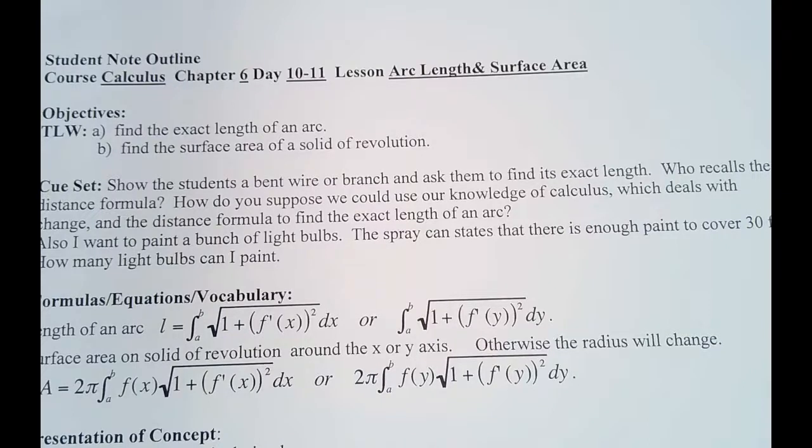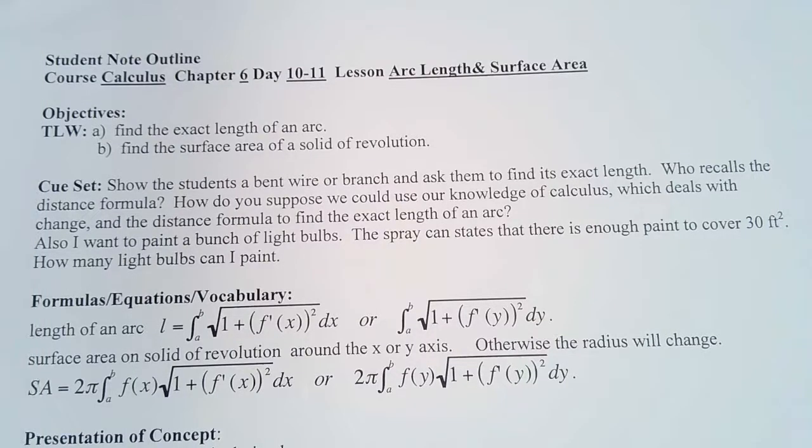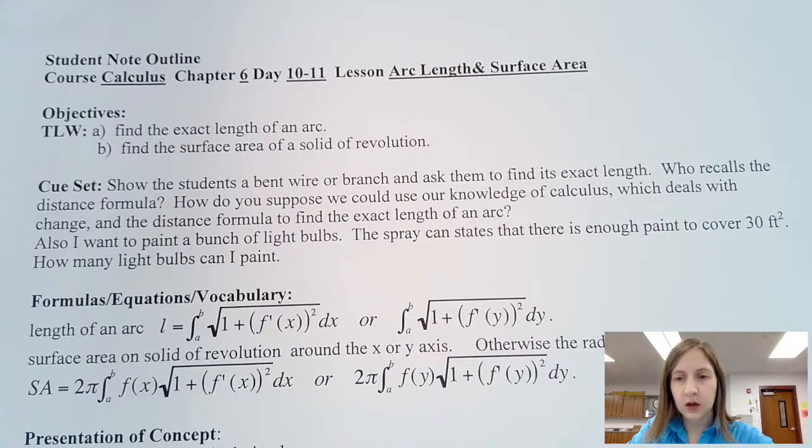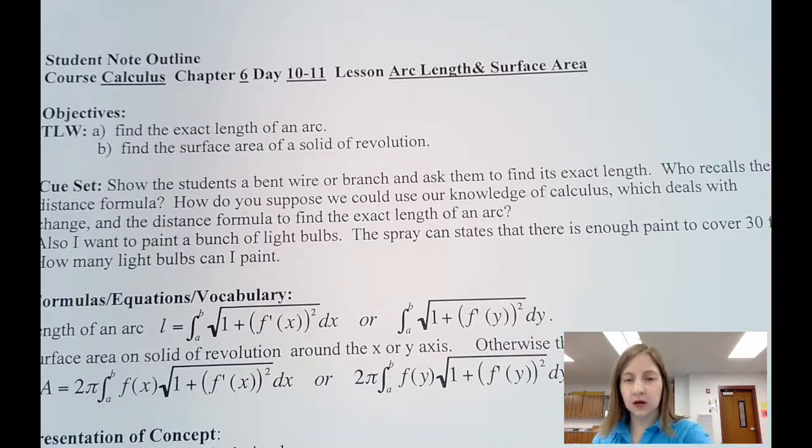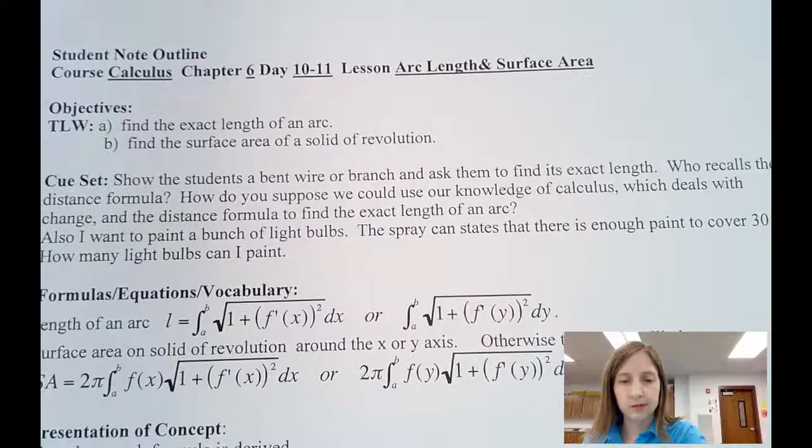And that's kind of how we're going to do this with calculus: we're going to find the lengths of each section and then add all of those together. Each section is going to be infinitesimally short, but then we're going to add them all together and get the exact length of the arc.